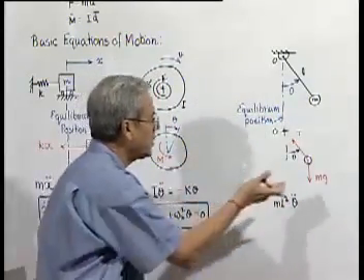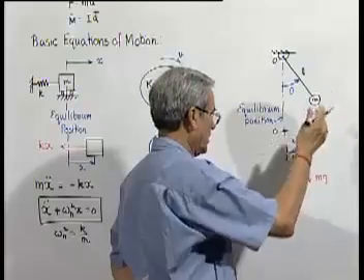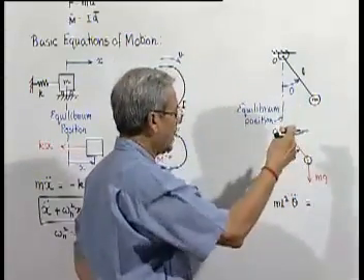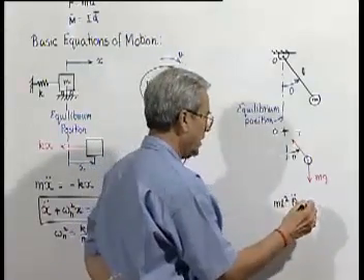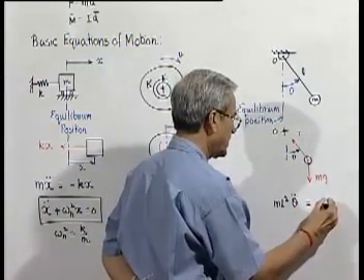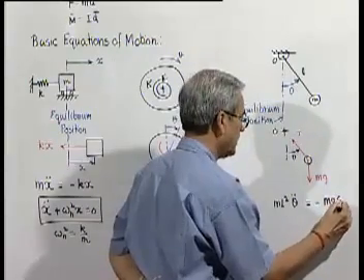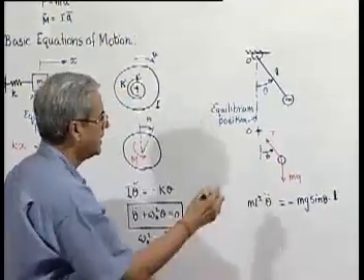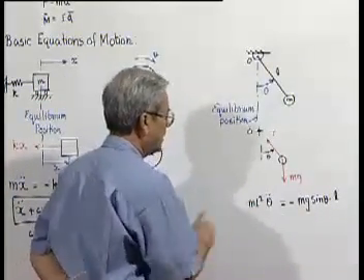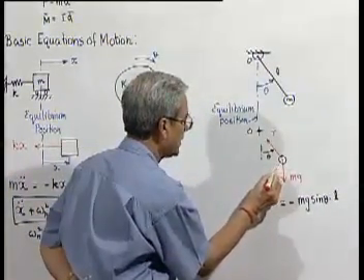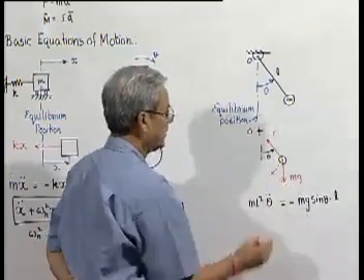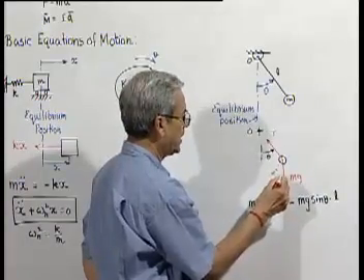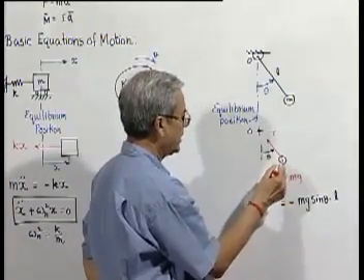This must therefore be equal to the total torque acting in this direction, and the total torque about this point is actually clockwise, that means in the opposite direction, and it is equal to minus mg sin theta into L. Mg sin theta is nothing but the component of this in the normal direction, and this angle being theta, this is mg sin theta.